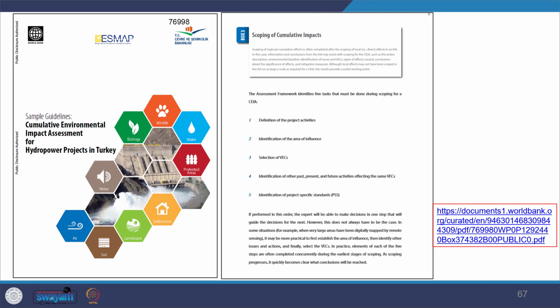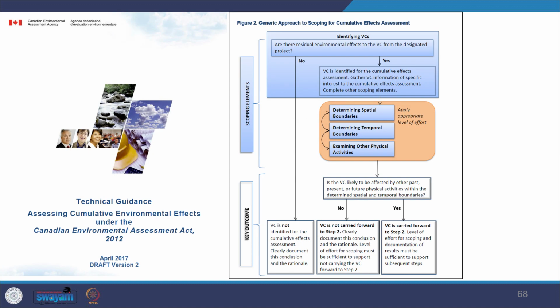And then you need to find out the past, present, and future activities, not all the activities, but the activities which will be affecting the VECs, and then identification of project specific standards. So related to that, what standards will be involved. So this is as per the sample guidelines.